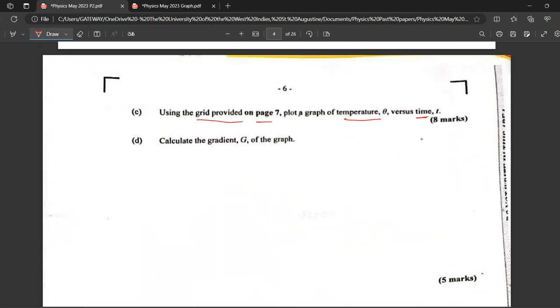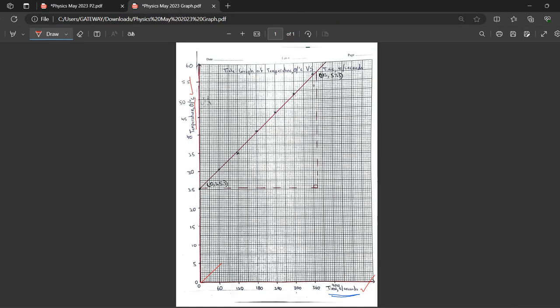And how many marks would this be for a graph? They give you 8 marks for a graph. So simple things like that. Even if you plot the graph wrong, you're getting marks for labels, right? So what I did, every 2 centimeters on my y-axis, I went up 5.